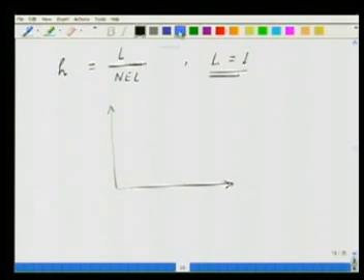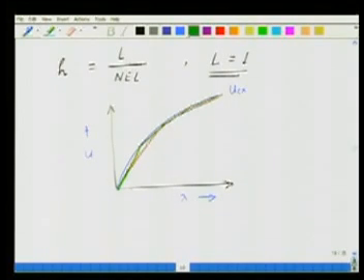If this is X, this is U, and let us say this is U exact, then this will be the 2-element solution, then this will be the 4-element solution, then the 8-element solution.